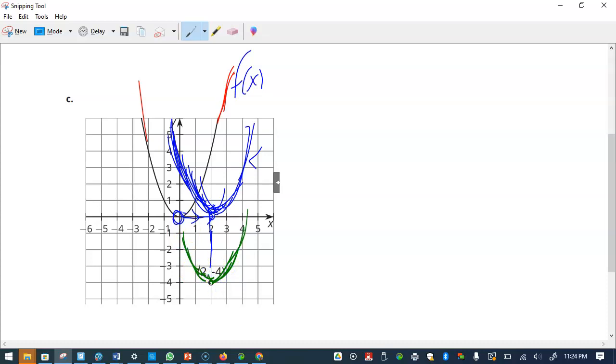So in order for the graph to go through this minus, sorry, 2 comma minus 4. First is the black graph, and I'll call it f of x. So first shift f of x 2 units. Can you see this is 2 units?